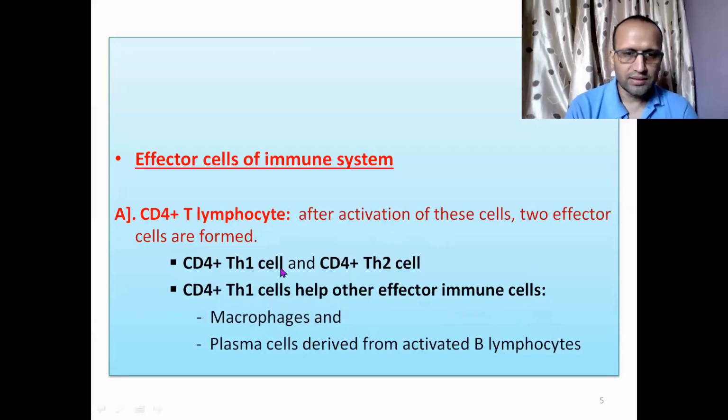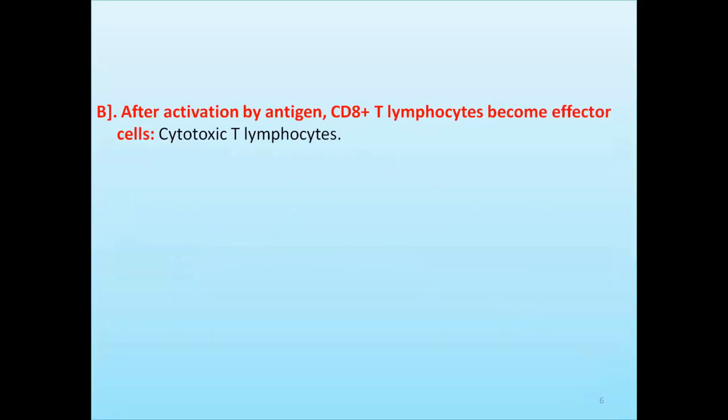Th1 cells help these cells, macrophages and plasma cells, to carry out their functions. So that's why they are called helper cells. After activation by antigen, CD8 positive T lymphocytes become effector cells, and the name of the effector cells is cytotoxic T lymphocytes.